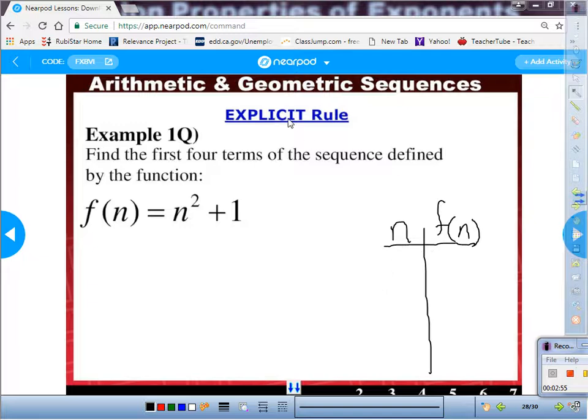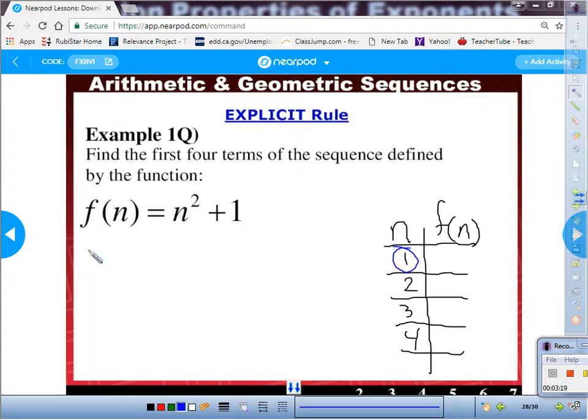So how do you use the explicit rule? Well, let's read what it says. It says, find the first 4 terms. Okay. 1, 2, 3, 4. Okay. There it is. So how do I know the first term? Well, I need to substitute in here the first number. What is my first number for n? 1.